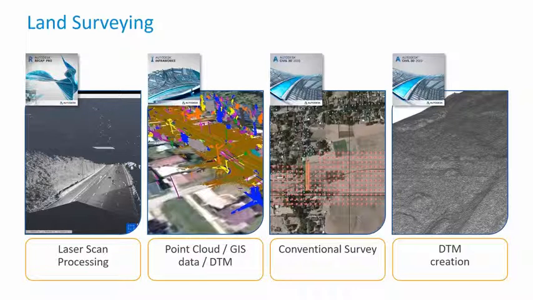Then I was talking about InfraWorks. In InfraWorks we can post-process point cloud data to create a surface, to distinguish what the vertical objects are, bring in GIS data, and create the terrain model.